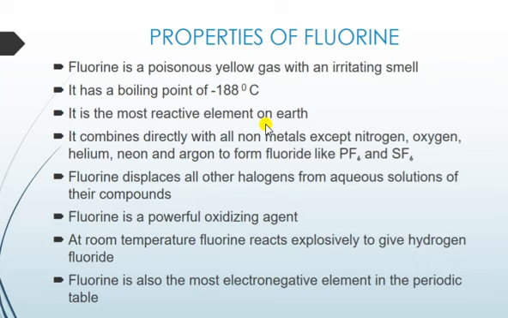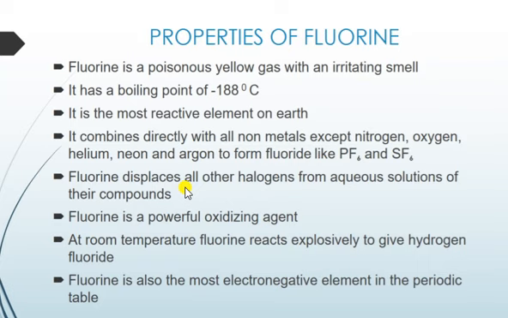Fluorine is not only the most reactive halogen, but it is the most reactive element on Earth. It combines directly with all non-metals except nitrogen, oxygen, helium, neon and argon to form fluorides such as PF6 and SF6.